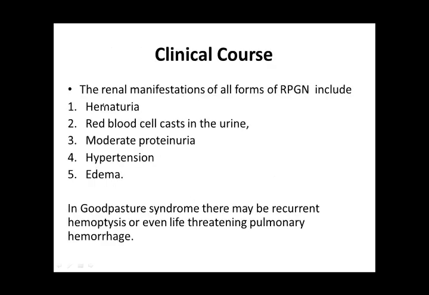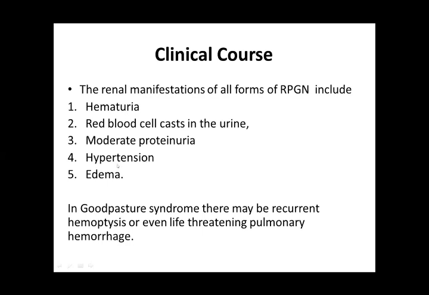Renal manifestations of all forms of rapidly progressive glomerulonephritis are hematuria, red blood cell casts in the urine, moderate proteinuria, hypertension, and edema. Those are also all features of nephritic syndrome.